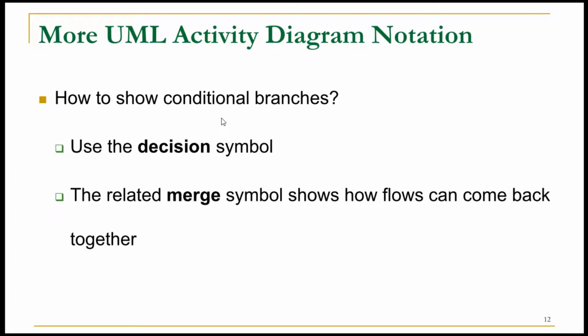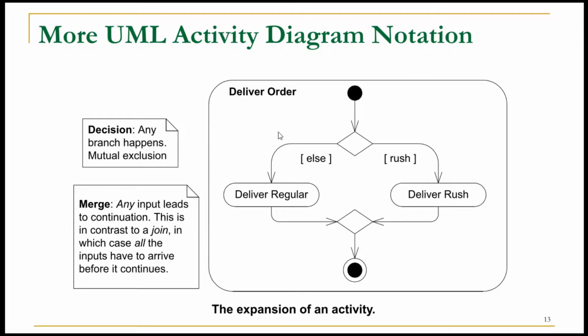There could also be scenarios when we need to show the conditional branches. So for that we can use the decision symbol. And when the branches are created, after the decisions are finalized, we can merge them back and converge them to the closing point. You must make sure that there is an important difference between merge and the join.